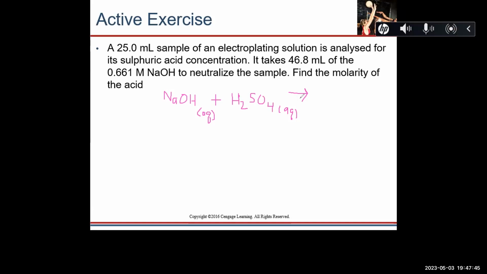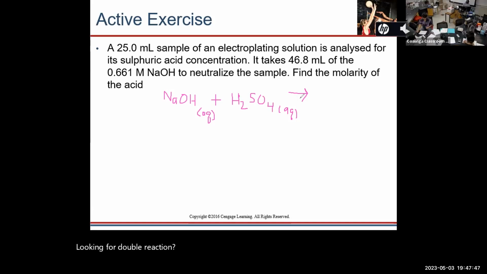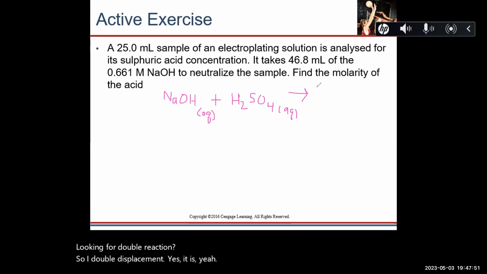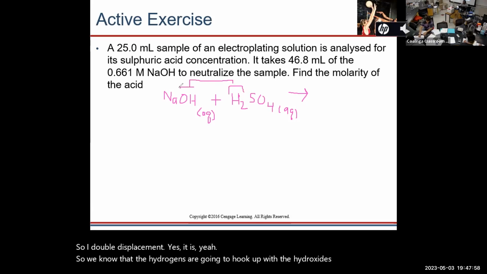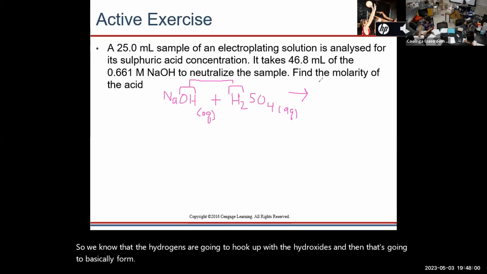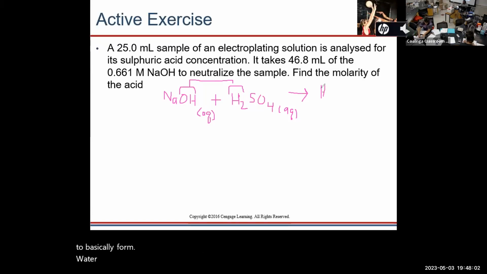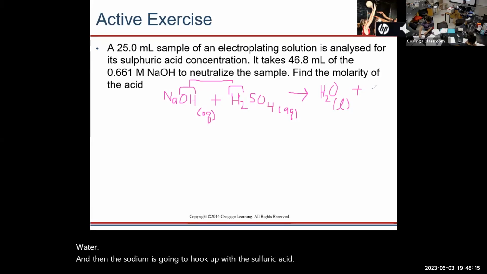We're looking for double displacement. Yes, double displacement, sorry. So we know that the hydrogens are gonna hook up with the hydroxides, and then that's gonna basically form water. And then the sodium is gonna hook up with the sulfate.